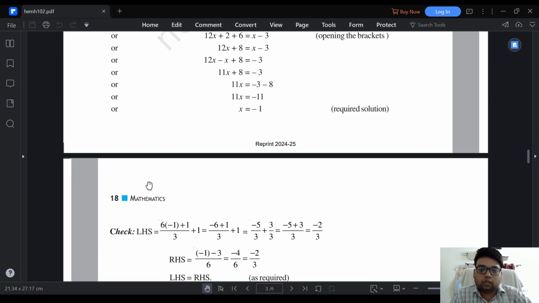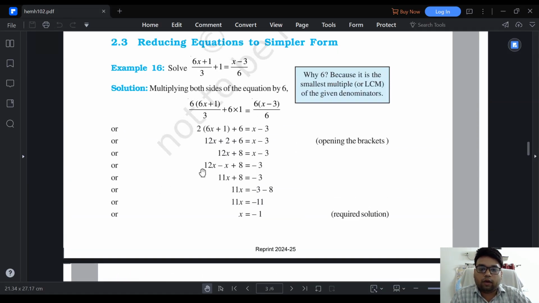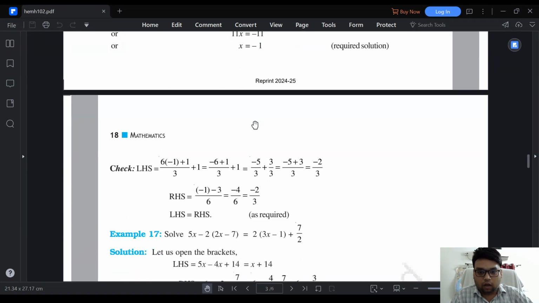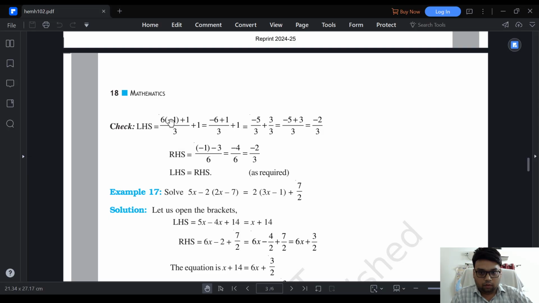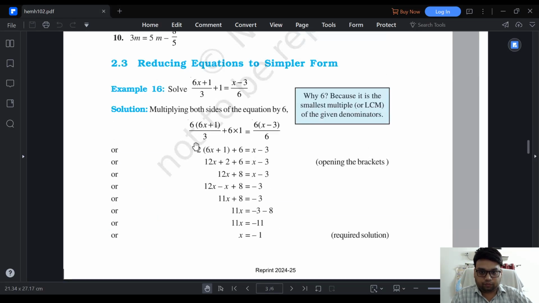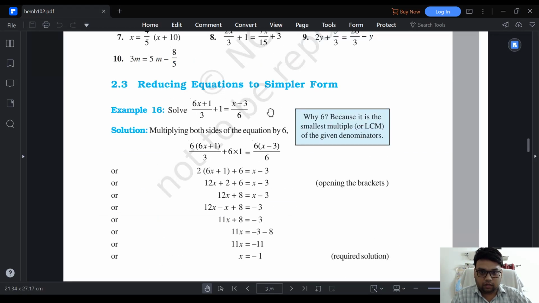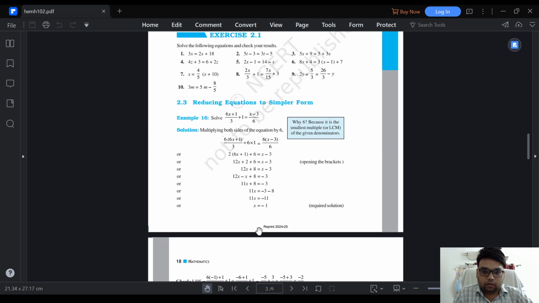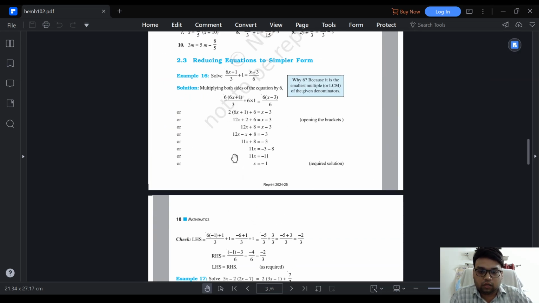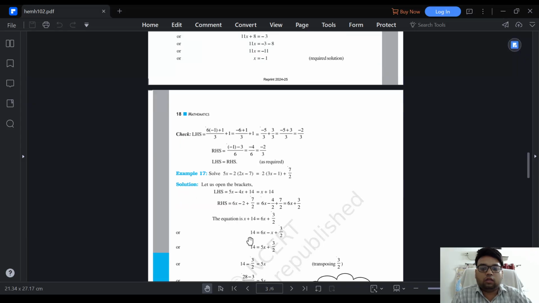Again they check the result by putting x equal to minus 1. Will the left hand side be equal to the right hand side or not? They put minus 1 in the left hand side and right hand side and check. If they become equal, then our value x equal to minus 1 is correct.